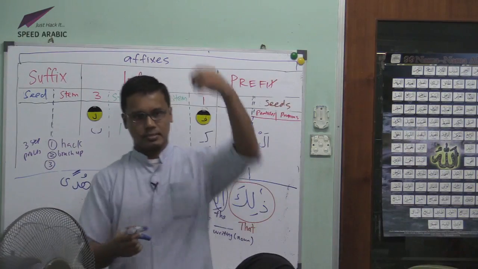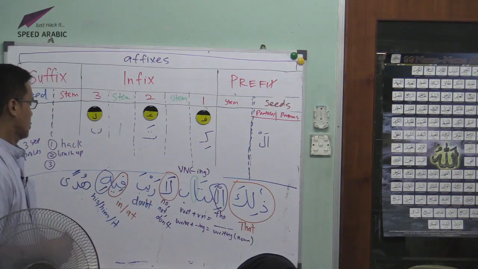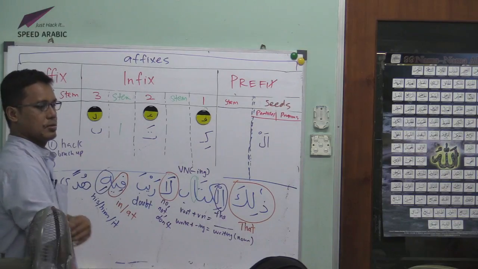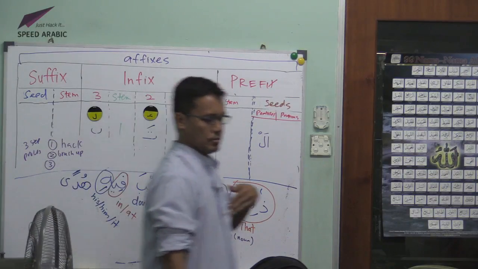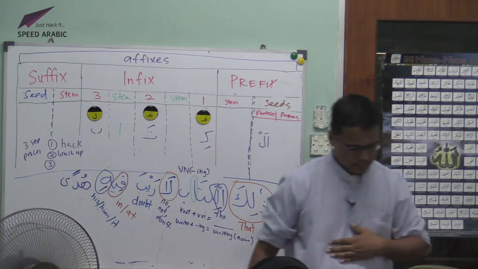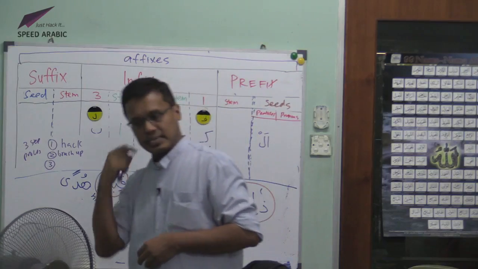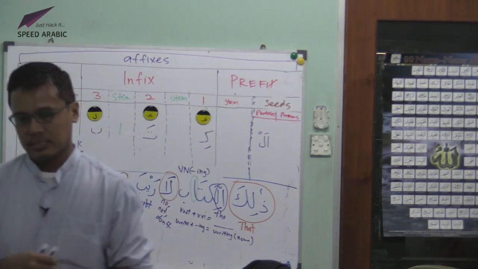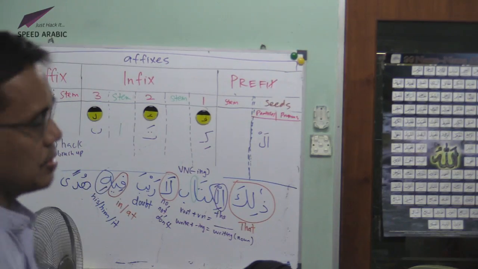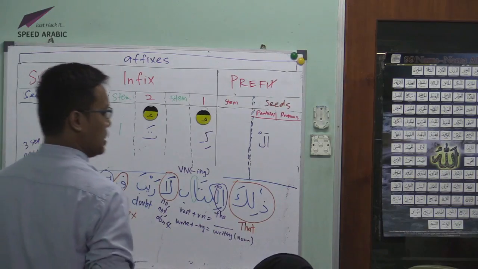Anybody found it? Huda is related to Hidayah, is related to Mahdi, is related to Hadi.